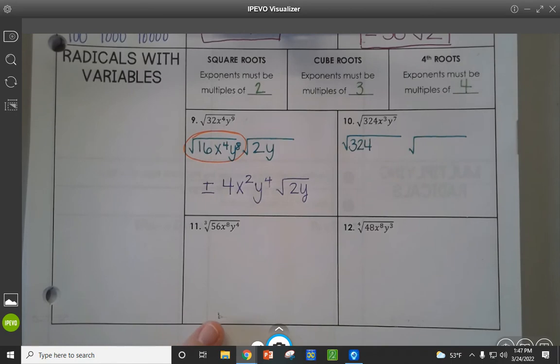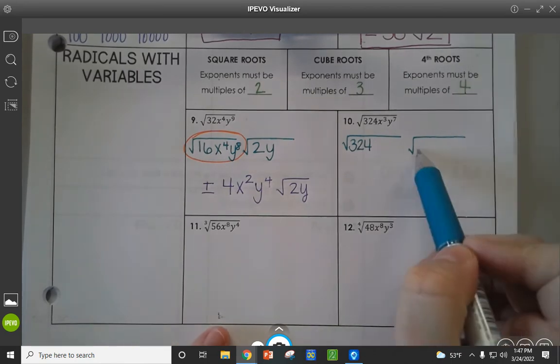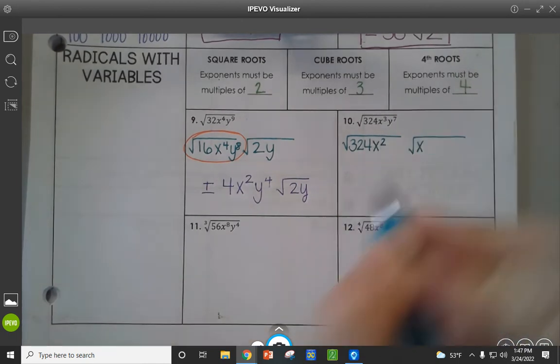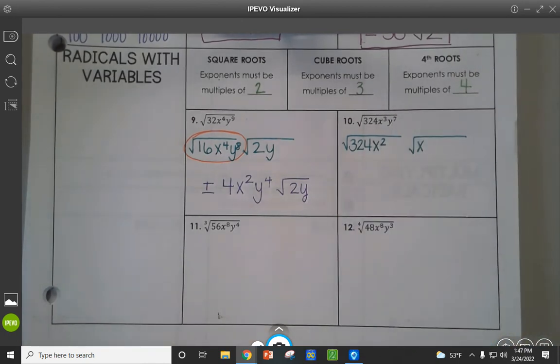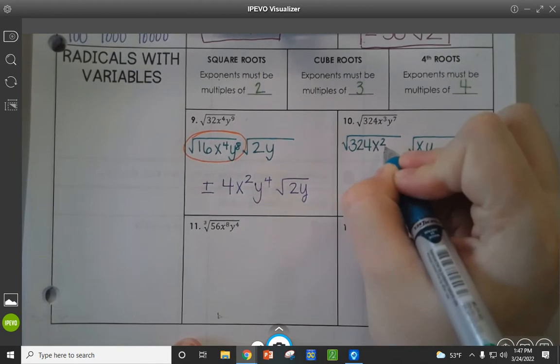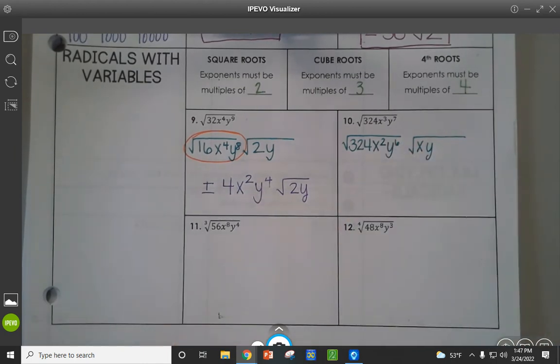Is x cubed a perfect square? No. So how many x's do I need to put over here? 1x. And that leaves me with x squared. What about the y's? Not perfect, so how many y's do I need to move out? Move out a y, leaving with y to the 6th.